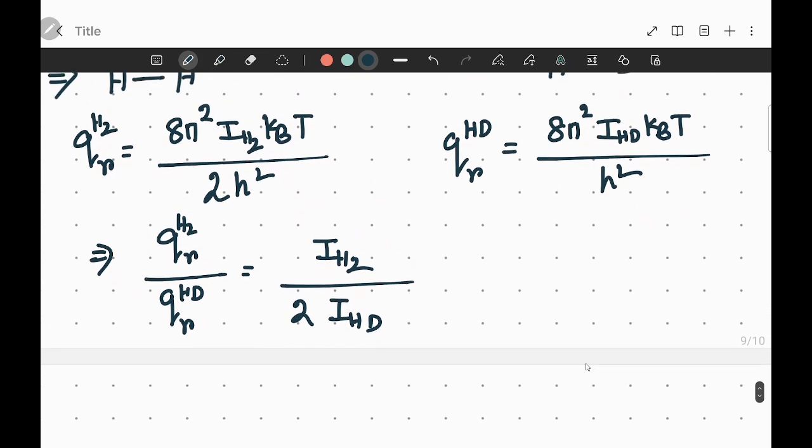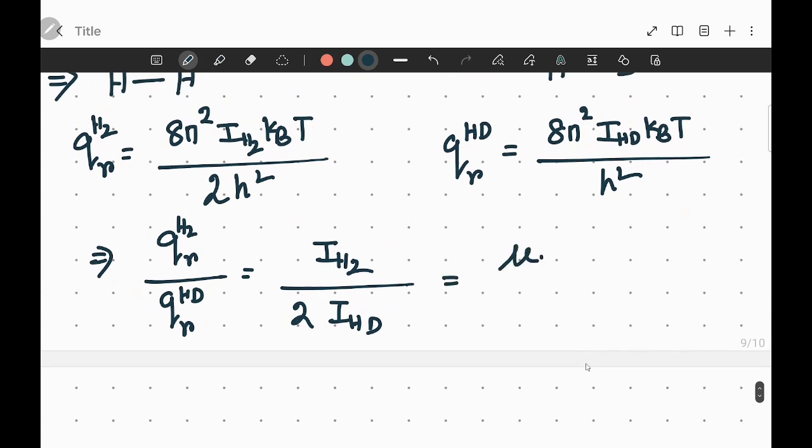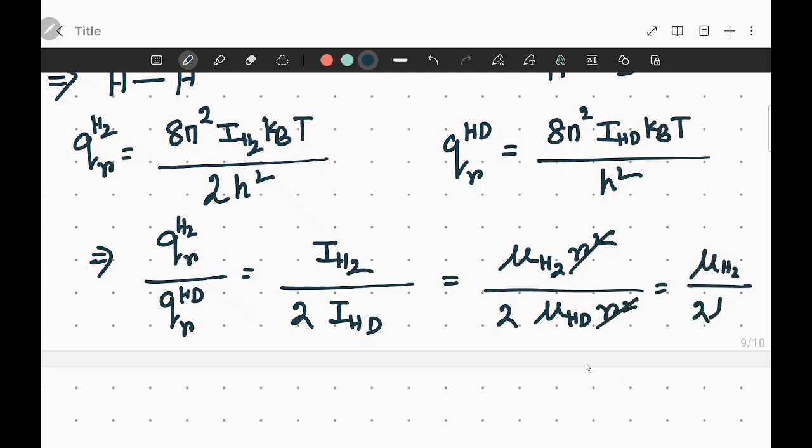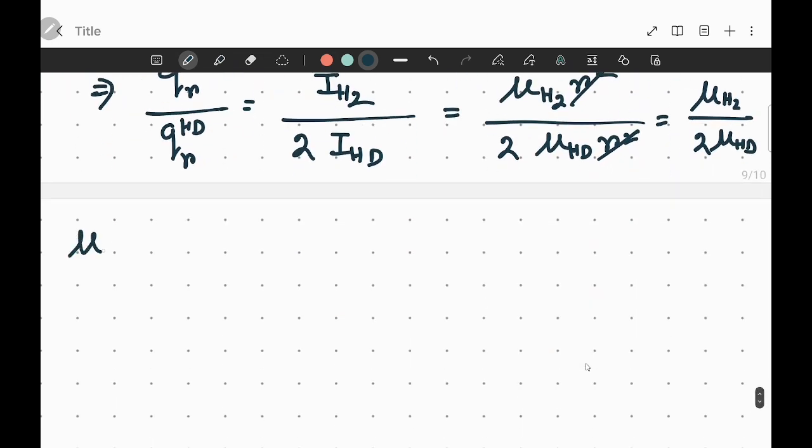Yes. So now it will be mu H2 r square, because r is the same, divided by mu HD r square. So r square cancels. So it will be mu H2 divided by 2 mu HD. What is the formula of mu? Mu is M1 M2 by M1 plus M2, the reduced mass. Or you can write 1 by mu equals 1 by M1 plus 1 by M2.